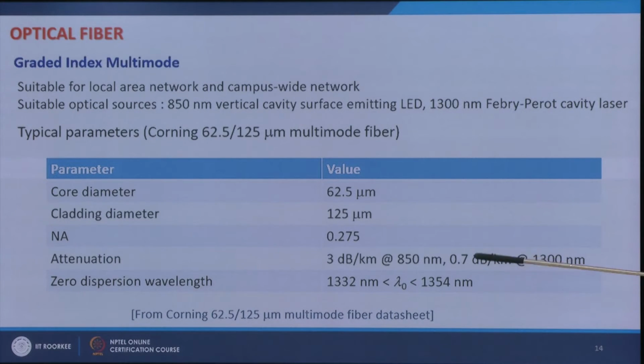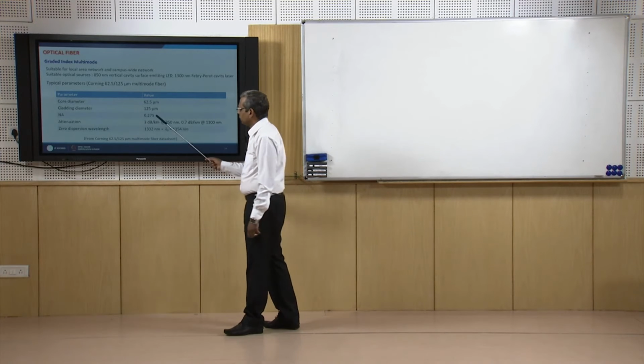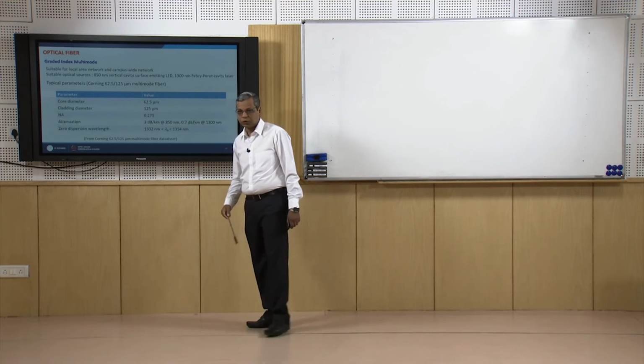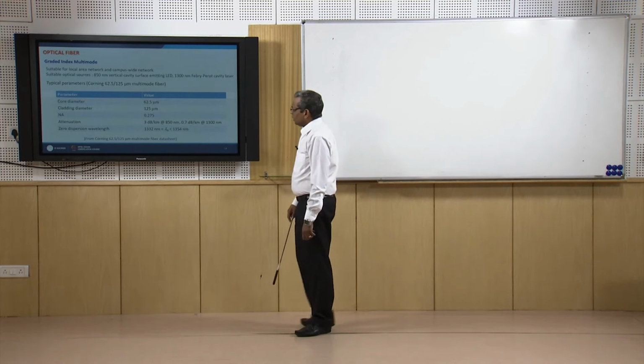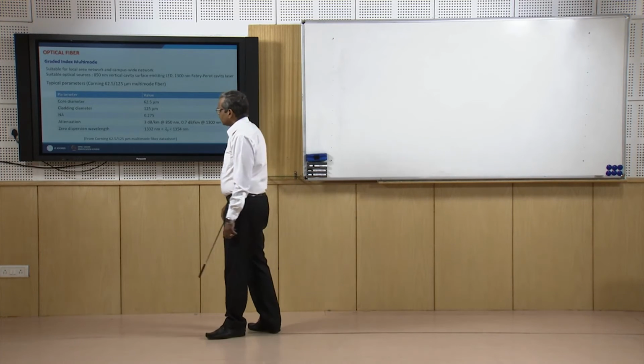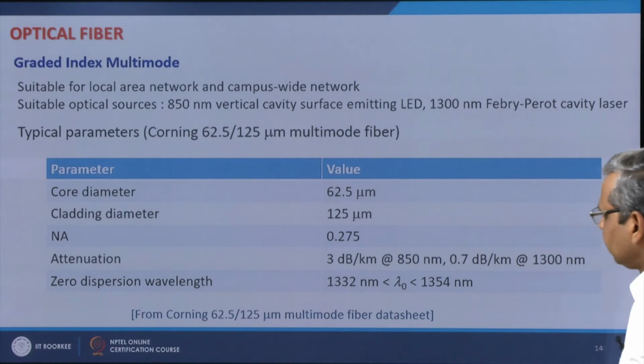You see a bit higher figures for the attenuation because numerical aperture is quite high. So, there is more germanium inside the fiber, which causes more attenuation. Zero dispersion wavelength of this fiber varies from 1332 nanometer to 1354 nanometer.